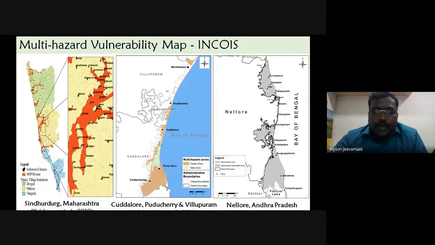So it depends: in Maharashtra we have this much level of multi-hazard vulnerability, whereas in Pondicherry, Kudalur, and Viluppuram this much, and in Nellore district this much of the coastal area is under multi-hazard vulnerable area. These are 3 snapshots of some areas I collected from publications. If you want, you can refer to these publications: Mahendra et al. 2010, Mahendra et al. 2011.